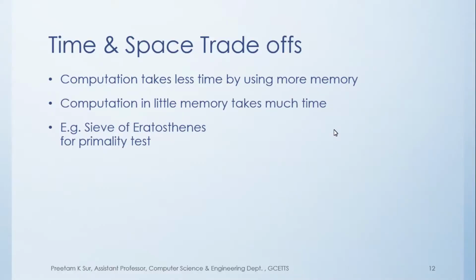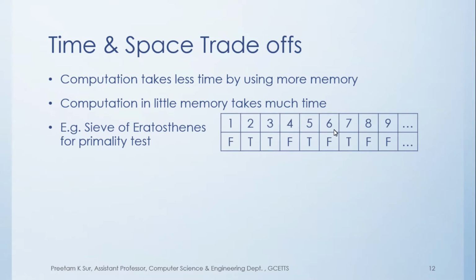Now, in place of running the loop, we can have a sieve of Eratosthenes like this one. Sieve means a table. The table tells whether a number is prime or not. The table contains a true or false value for each index.